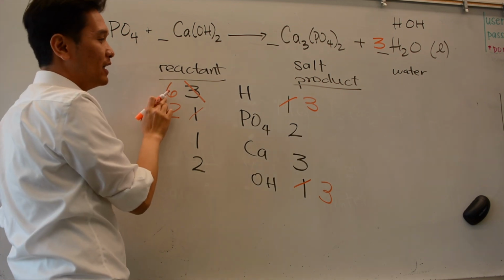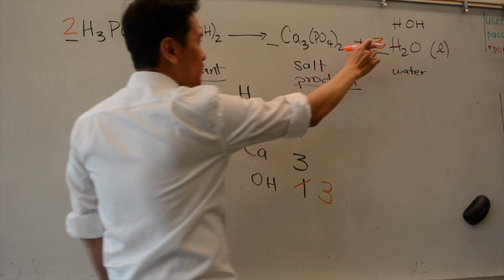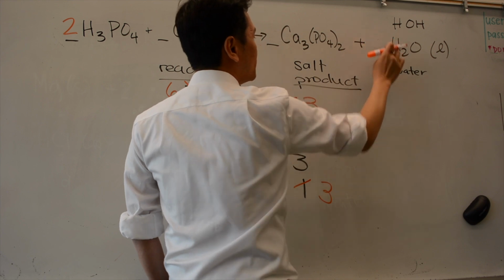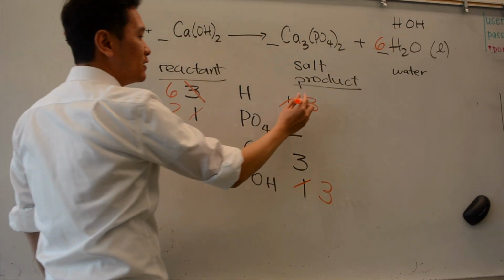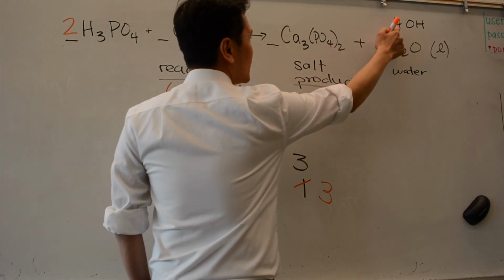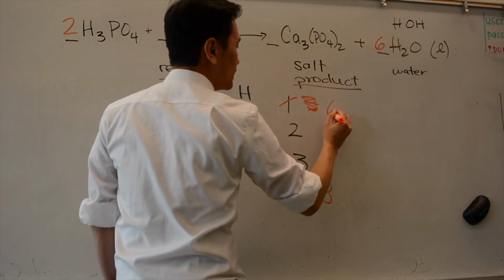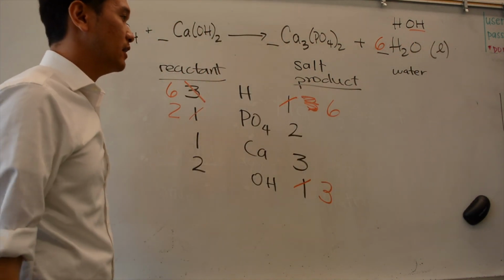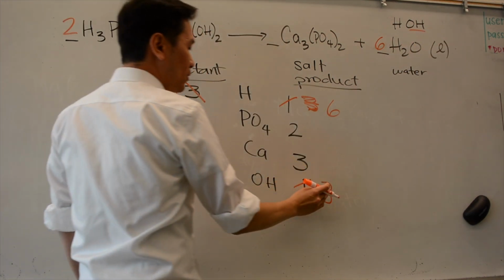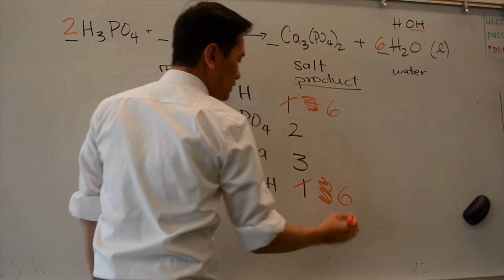I want 6 hydrogens, but I only have 3 over here. So instead of 3, what should this number have been? It should have been 6. So instead of 3, what's 6 times 1? 6. But remember, we also have to change the OH count. So 6 times 1 OH is 6.